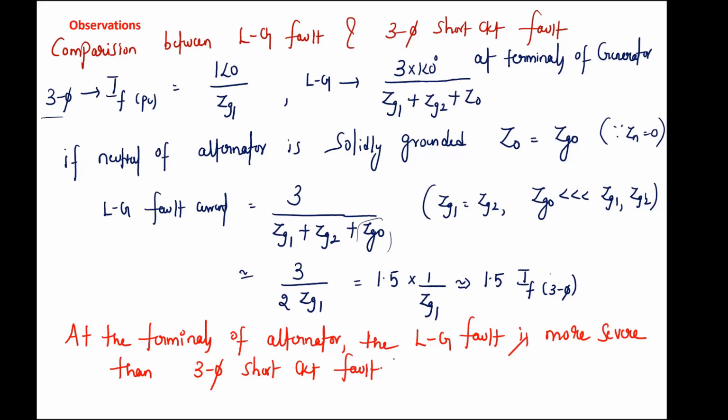Many times I get an objective question: at the terminals of the alternator, the LG fault is more severe than the 3-phase short circuit fault when the neutral of the alternator is solidly grounded. It approximately becomes 1.5 times. That is a very important point.